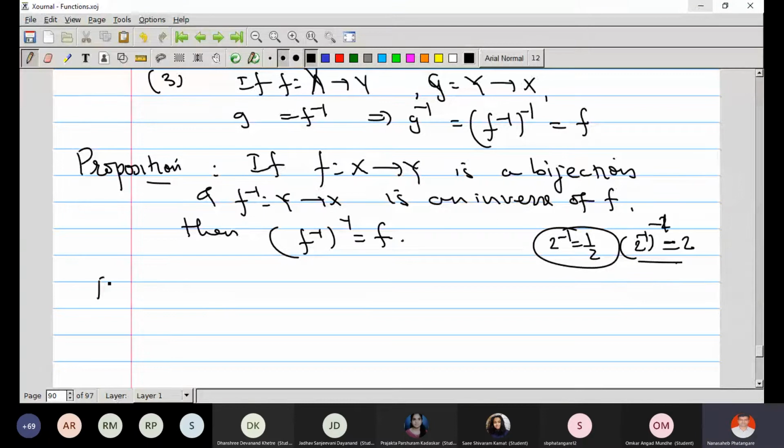Right? And what is the proof of this? Since f from X to Y is a bijection, f is invertible.